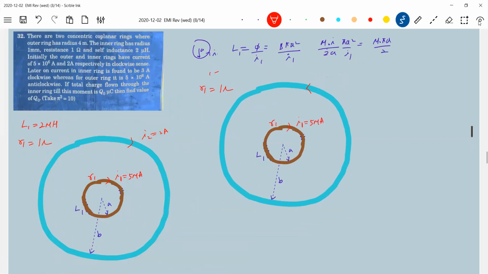So the final current, let me show in capital: three ampere. Outer ring 5 microampere. If the total charge flown through the inner ring till this moment is Q0 microcoulombs, then find the value of Q0.